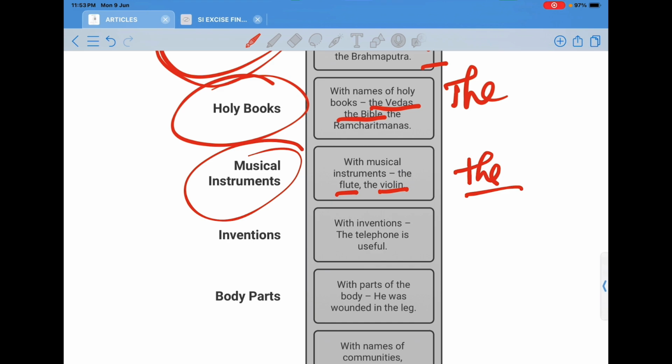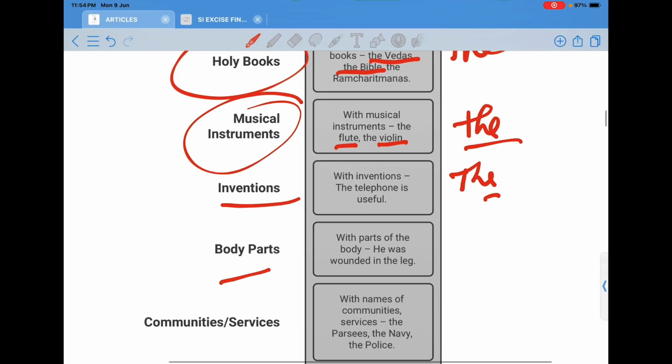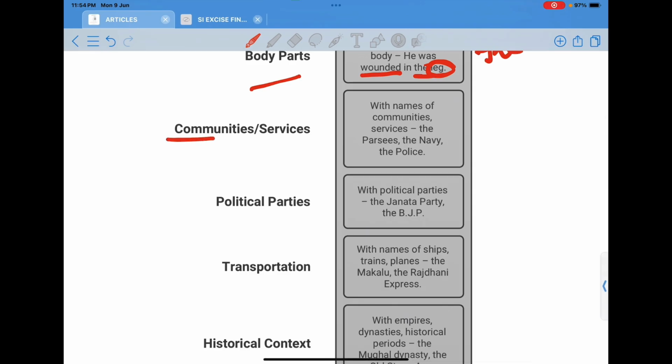Then inventions. Before inventions also you will use "the": the telephone. Body part: he was wounded in the leg, so you are talking about a particular body part, that time you will use "the". Then community service, with names of community services, that is the Parsis, the navy, the police.